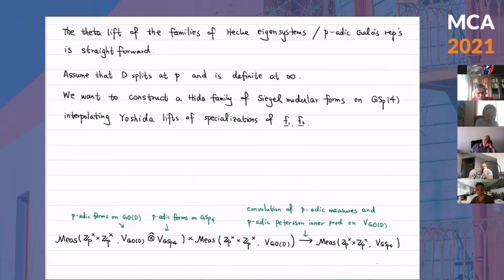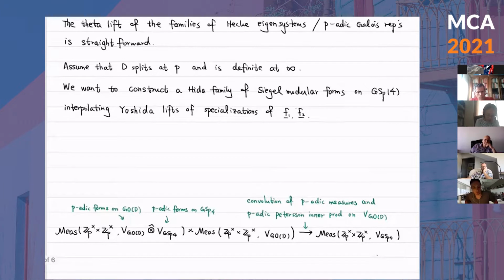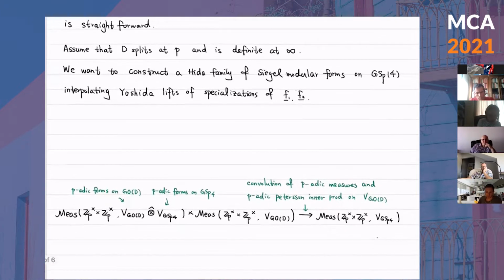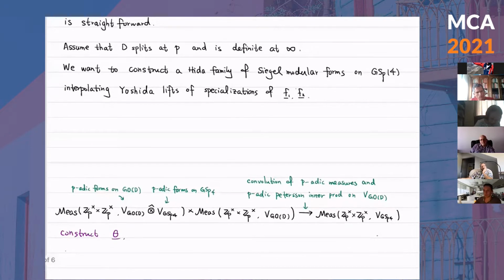Here we consider the space of p-adic measures. In this first space, the families on the product of the orthogonal and the symplectic group, we want to construct a p-adic family of theta series.